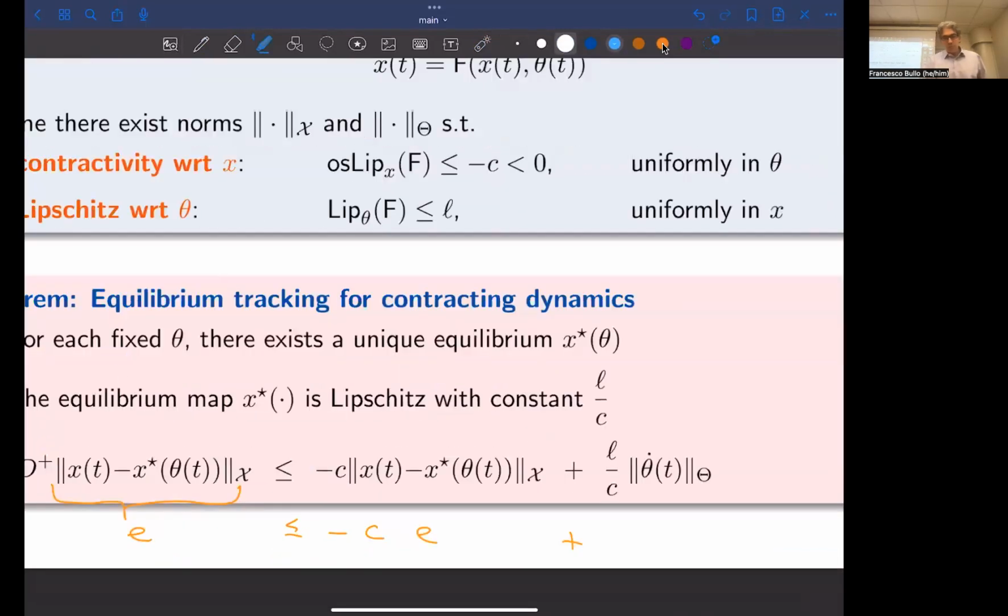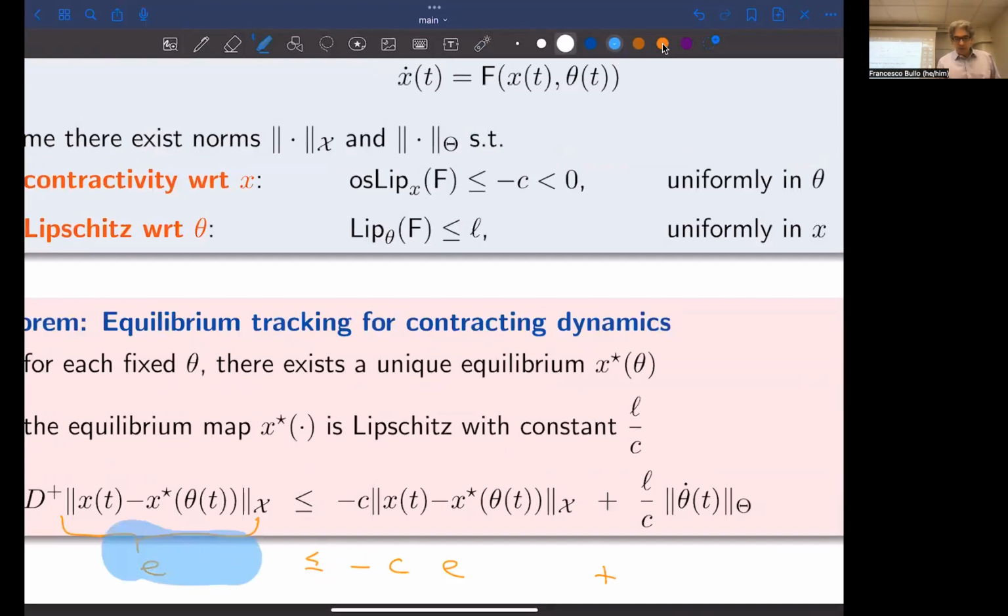I want to make one important point, before I go to the next slide: C, the contractivity rate, appears twice in the right-hand side. That is not the old ISS theorem. In the ISS theorem, the constant C appears only once, but here it appears twice. Why does it appear twice? Because of the fixed point property, C appears at the denominator of the forcing term.